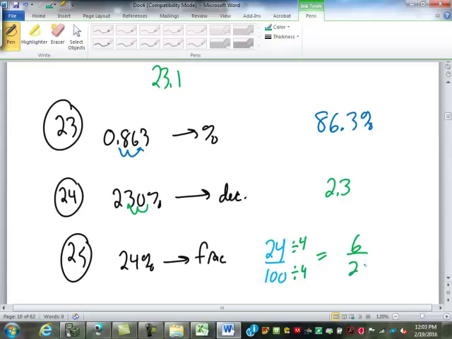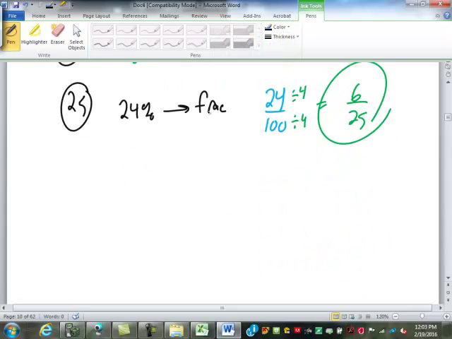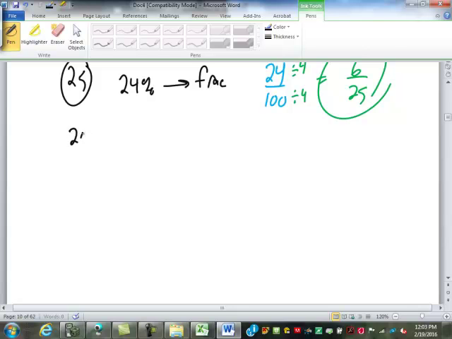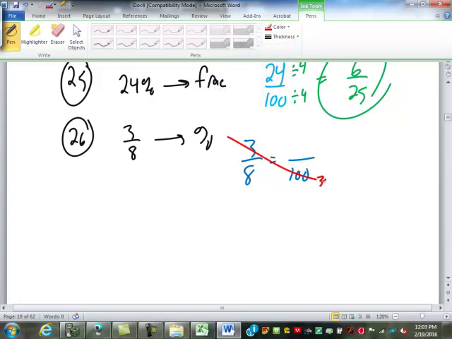That gives me 6 over 25. 26, convert 3/8 to a percent. So 3 over 8 equals blank out of 100. We cross multiply. 3 times 100 is 300. Divided by 8 is 37.5. So 3/8 is 37.5%.